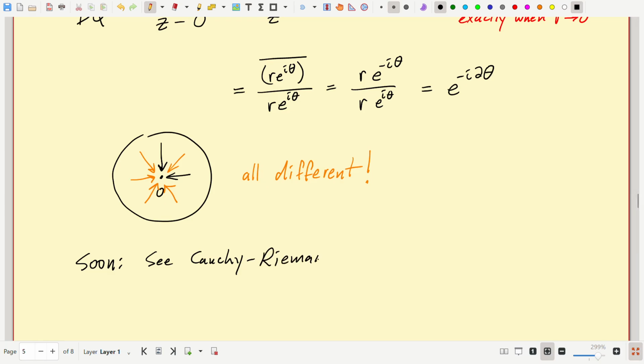You would think you'd need to show that all those limits were the same from all directions. Turns out you only need to check the black ones, the real direction and the imaginary direction. If those two are equal, then everything's okay. And that'll come in the next couple lectures.